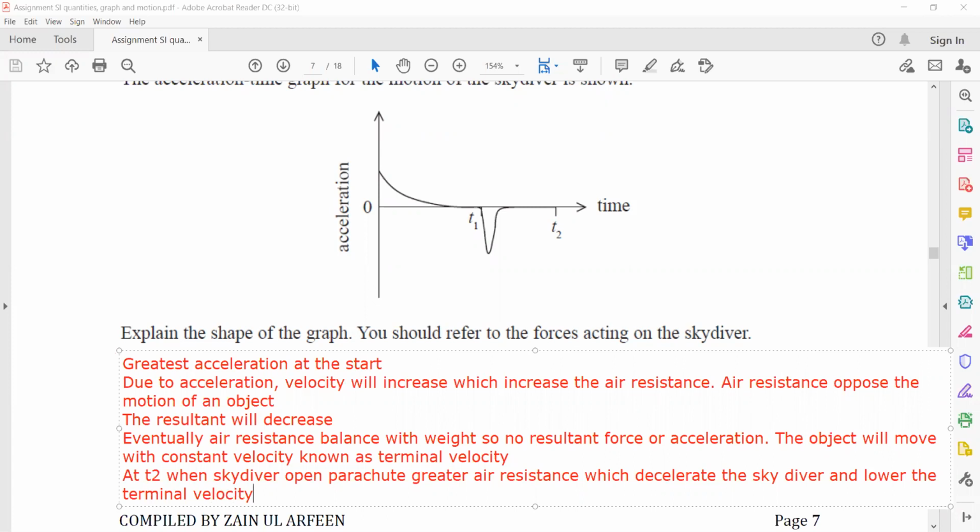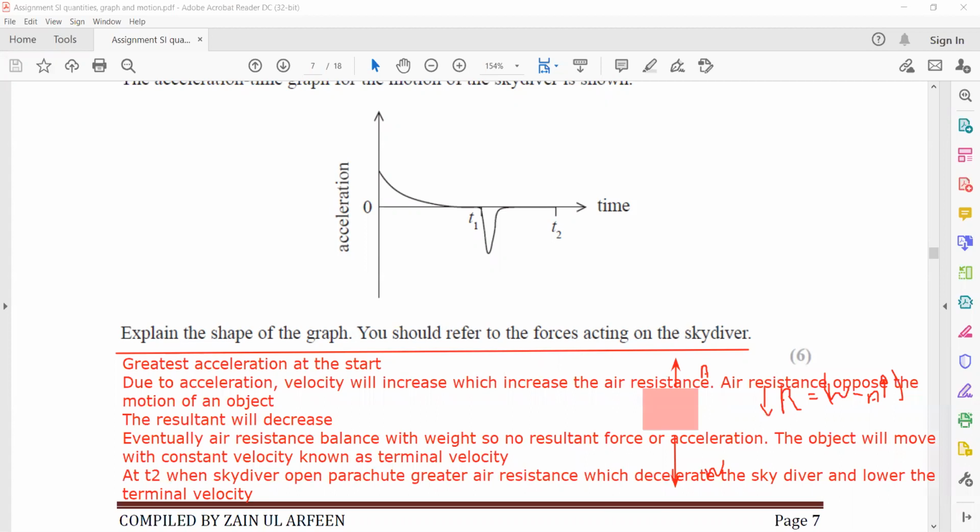So this is what happened in this motion of a skydiver, and the explanation is according to the graph. Is this explanation clear?